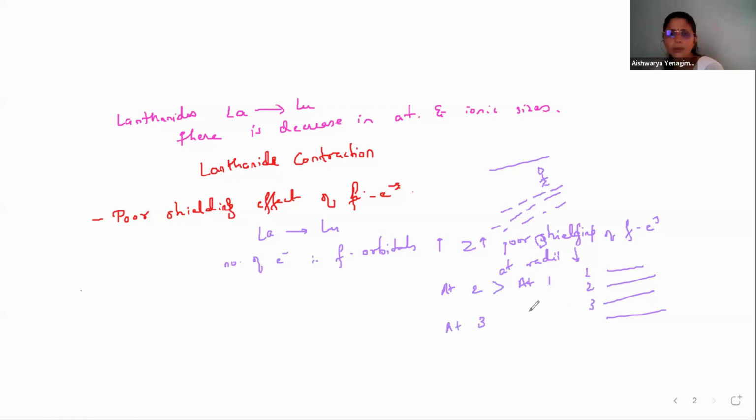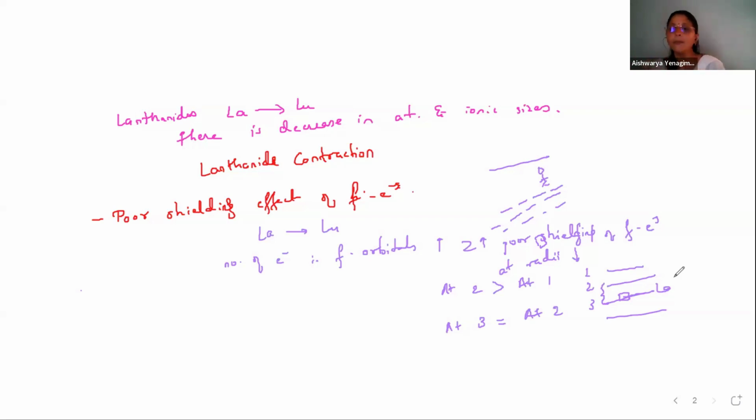It is almost the same as the atomic radii of series 2. At that time we also discussed lanthanide contraction, because in the third series you have the 57th element, that is lanthanum. After lanthanum there are the 14 members of the lanthanides, so there is lanthanide contraction.